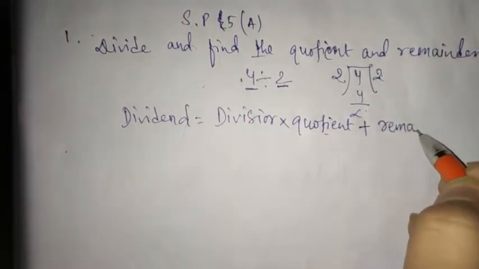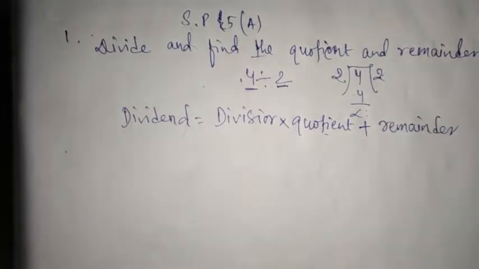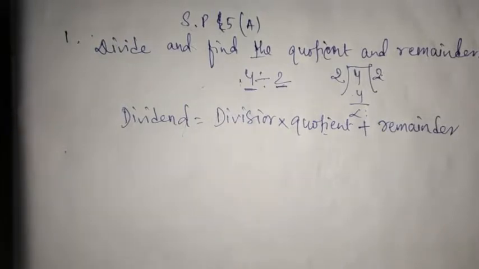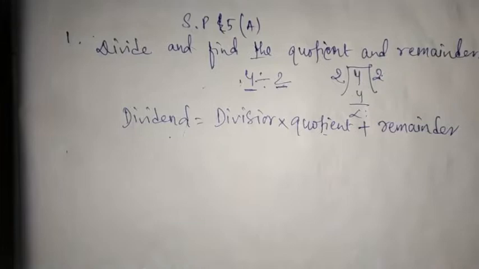What is the remainder here? What is left out? 0, no? So in this case it is 0. In some other case you may find more than 0, 1, 2, 19 may be there. So the case may vary depending on the divisor and the dividend.